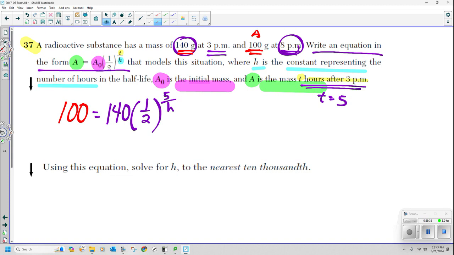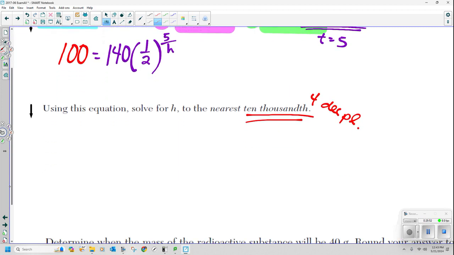All right? So using this equation above, solve for H to the nearest ten thousandth. That's 4 decimal places. So what I'm going to do is, first of all, I have 100 equals 140 times 1/2 to the 5 over H. I'm going to divide both sides by 140.